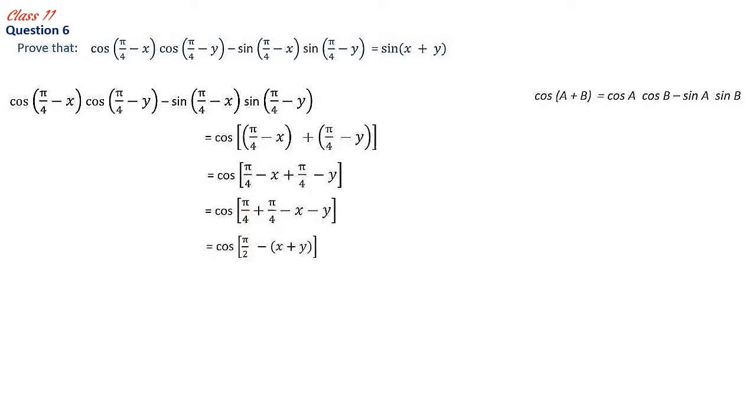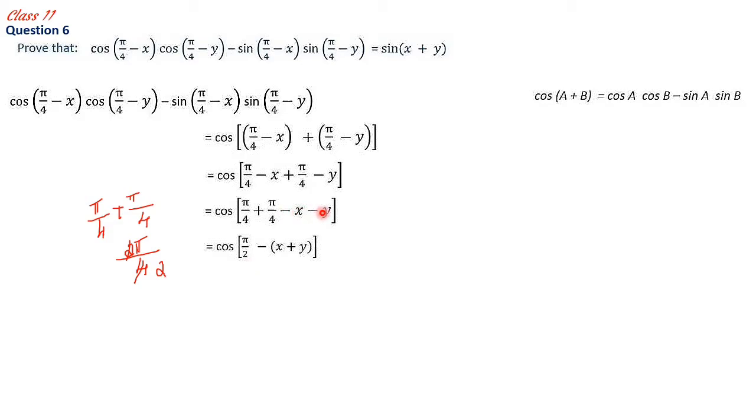Just calculation is there. When you do the calculation here, pi by 4 plus pi by 4, when you take the common denominator, both are 4, so write 4 as the common denominator. Pi plus pi will come as 2 pi, and when you cancel 2 and 4 it becomes 2, so pi by 2 will come here, that is what is written.